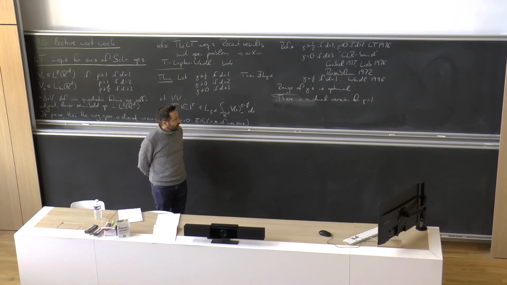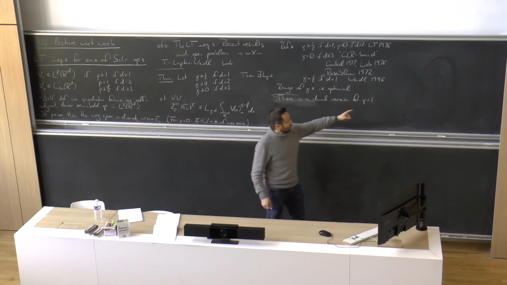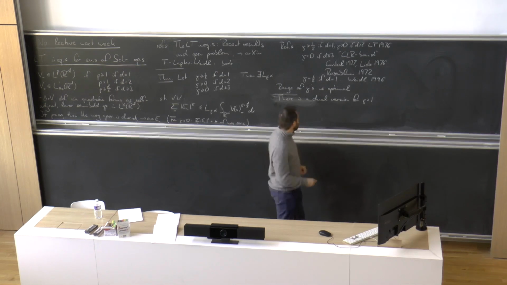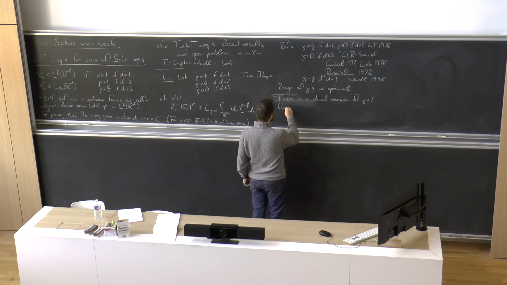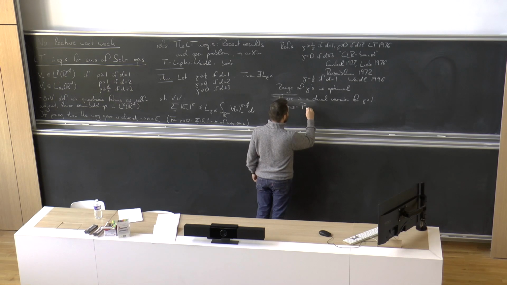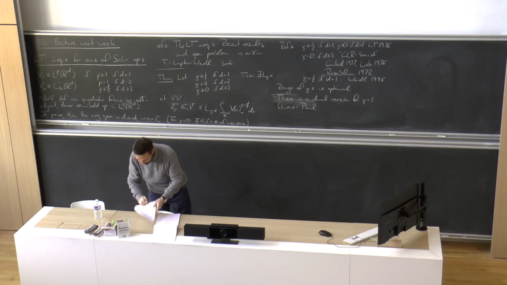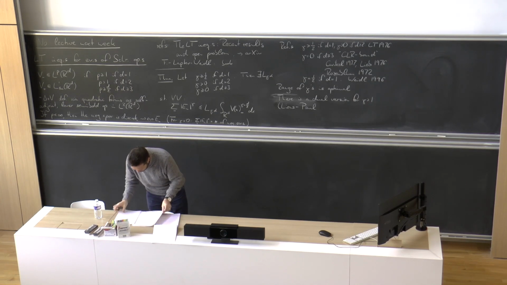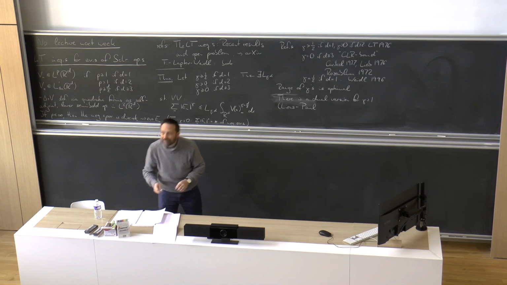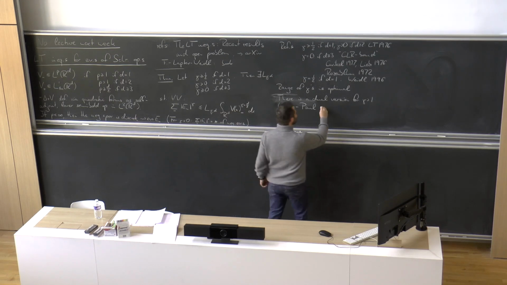And the answer is yes, when gamma is bigger than 1. That was shown in a paper that's not particularly well known by Lions, Pierre and Paul, 1993 probably. Yes, perfect, thank you. All right.